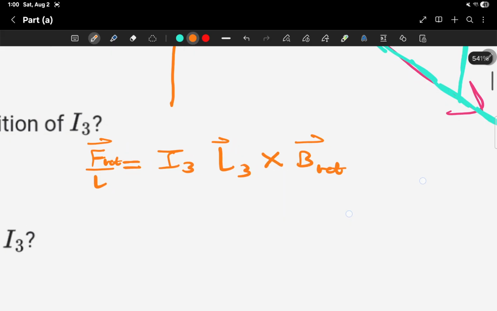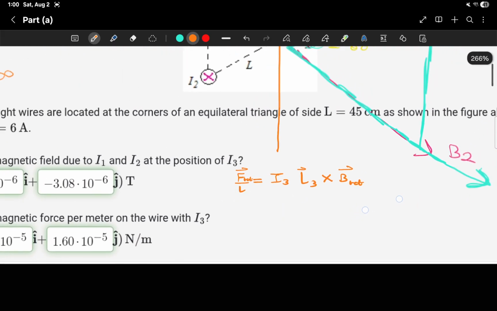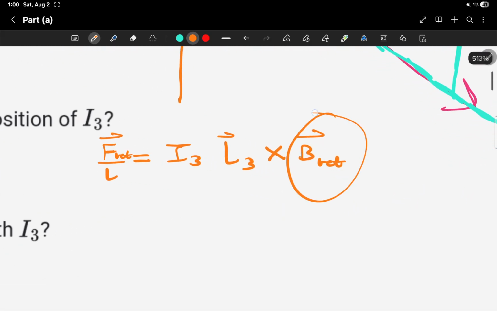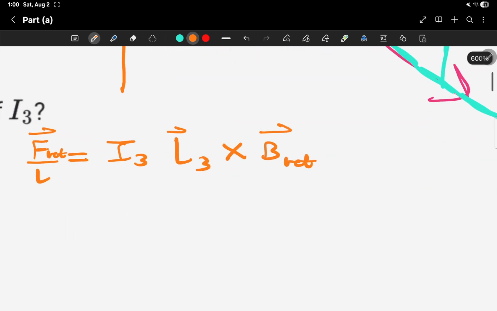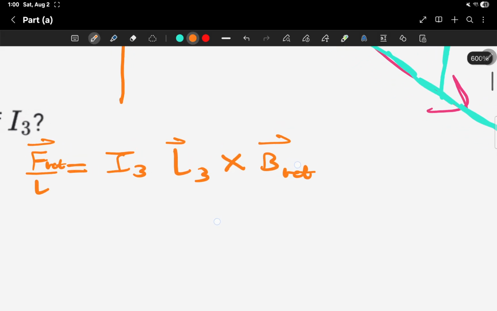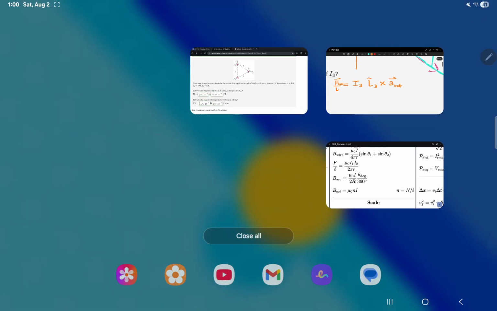F is equal to I L cross B. I is the current in the third wire. The net magnetic field is the net magnetic field on the third wire. And then L3 is, of course, the length of the third wire. Again, don't be confused by that. That's just the way the formula itself usually is represented.